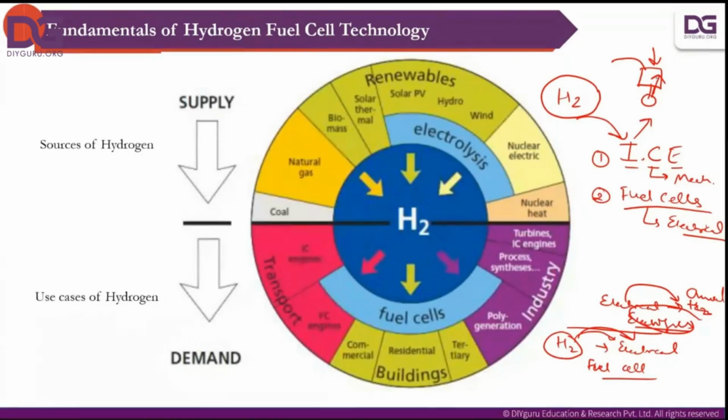At the last stage there is an exhaust. This is the 4-stroke engine working, if you remember. So this is intake, compression, combustion, and then exhaust. These are the 4 points. We'll use this technology in hydrogen, and we'll learn about the fuel cell. This will be going to our further steps.